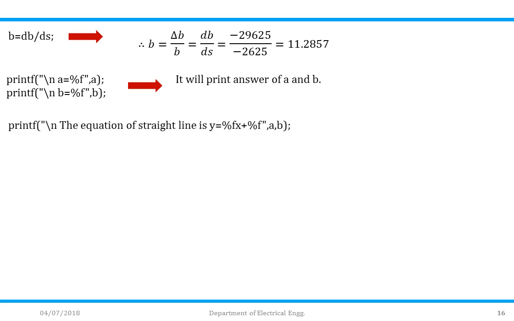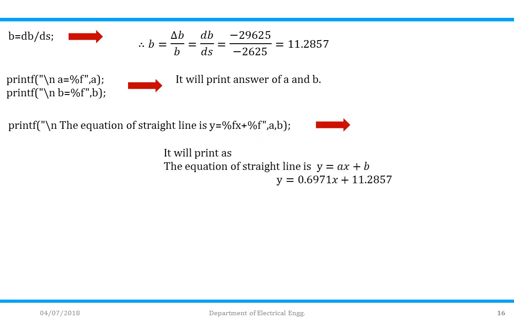If I want to print the equation of the straight line, y equals ax plus b, I have to use y equals percent f x plus percent f. This percent f is used for a, that is, it will become ax. This percent f is used for b.